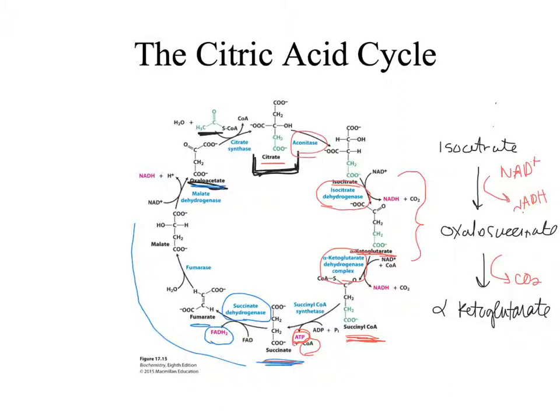The fumarate is then going to undergo hydration to form malate. So we have water being added to form malate. The malate will then be oxidized using malate dehydrogenase, and will produce or regenerate that oxaloacetate, and will also have another one of those electron carriers present.